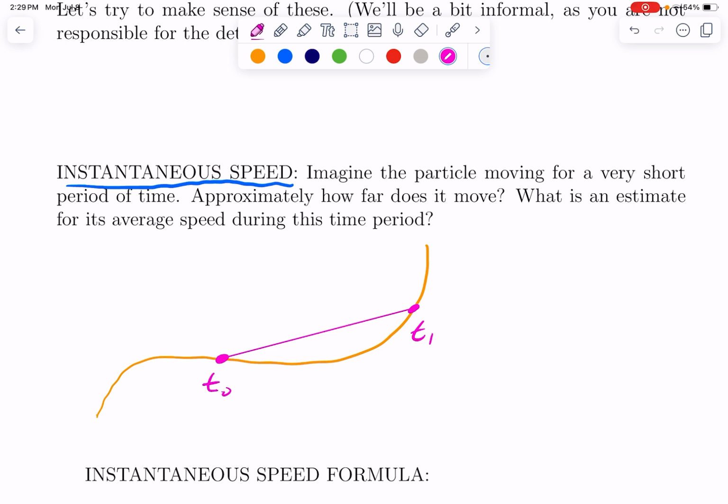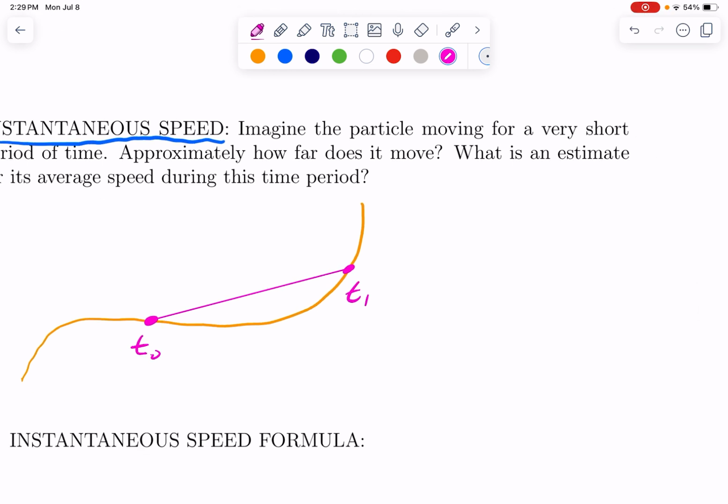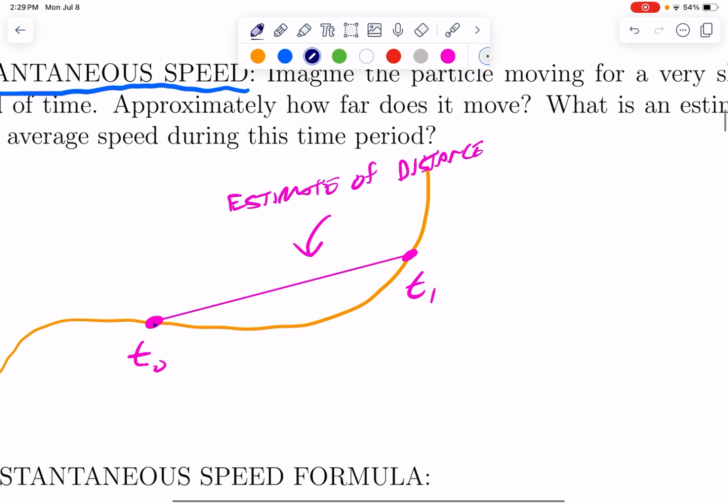Average speed is distance divided by time. Here we're going to cheat a little bit and think about displacement instead of distance. Don't really worry about this; I just want to give you a sense of where this formula comes from. We can think of this as an estimate of distance. Imagine we're drawing a little right triangle like so. X changes a certain amount, and Y changes a certain amount.